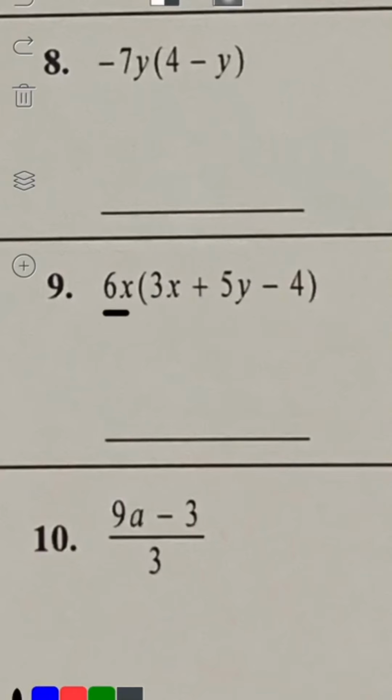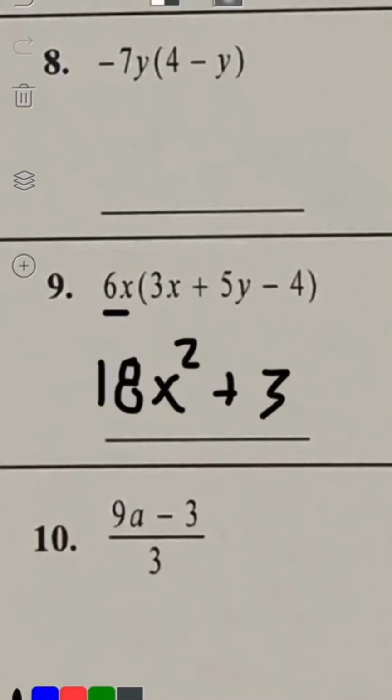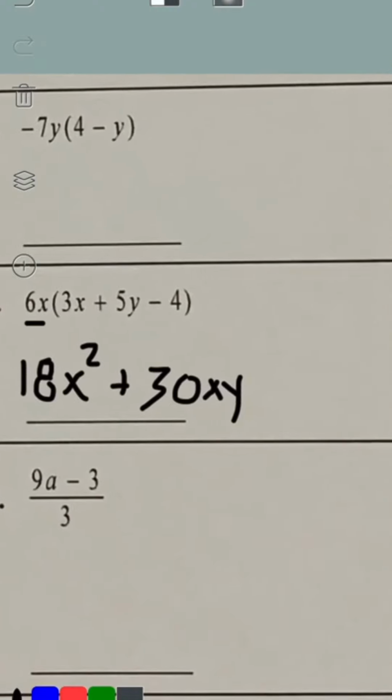So what that looks like is 6x times 3x is 18x squared. 6x times 5y is 30xy. And 6x times negative 4 is minus 24x. And that is your answer right there.